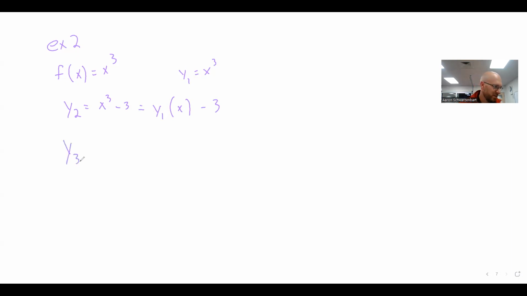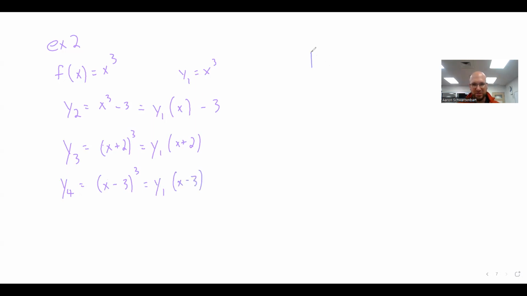I'm going to call what they call y2 again in part B, I'm going to call y3. X plus 2 cubed, y1 of x plus 2, and y4, x minus 3 cubed or y1 of x minus 3.